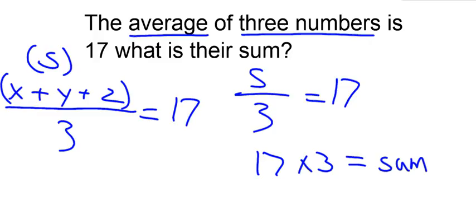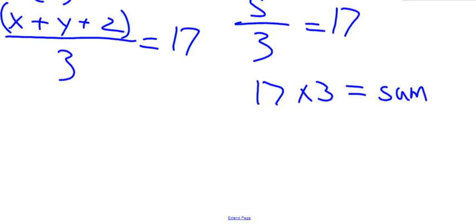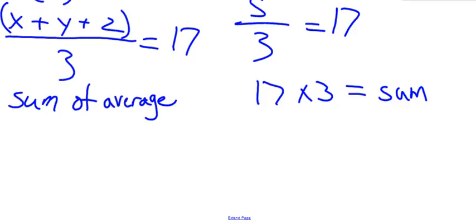So this is the big principle that we want to understand, that you probably want to write down: the sum of an average problem is equal to the average times the number that's being averaged, the number of numbers.